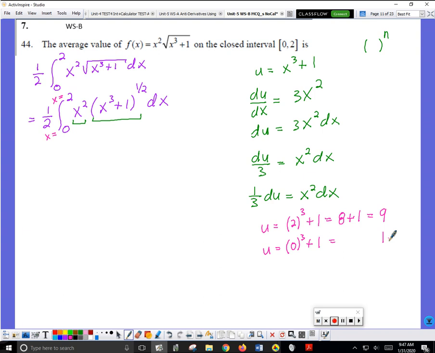We're going to put a u in place of the x cubed plus 1. We're going to put 1/3 du in place of the x squared dx. So we are substituting 4 different things. That's why it's called U-substitution. So, question?